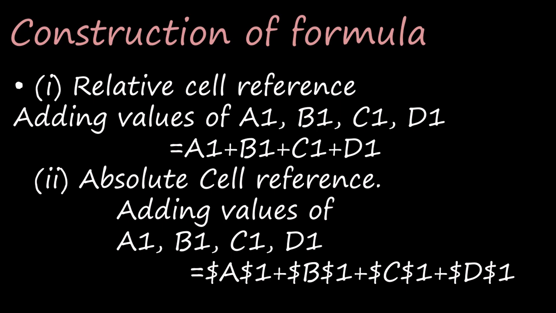Before B a dollar symbol is there, before 1 a dollar symbol is there. For absolute cell reference, we give the formula as equal to dollar A dollar 1 plus dollar B dollar 1. Likewise, the formula will have a dollar symbol in front of the column name and the row number. That is absolute cell reference.